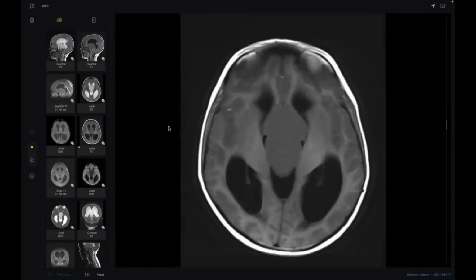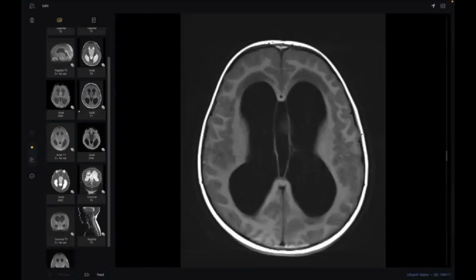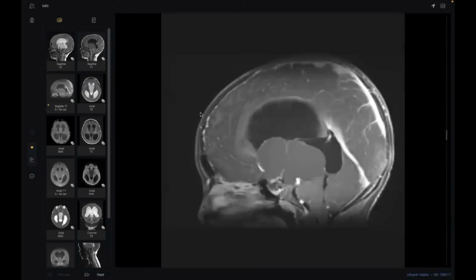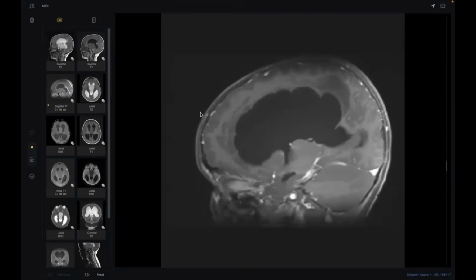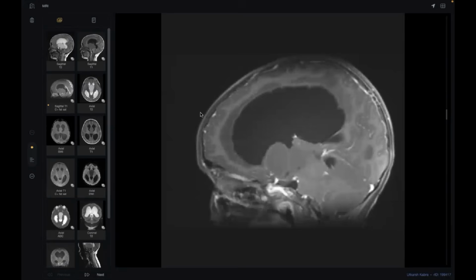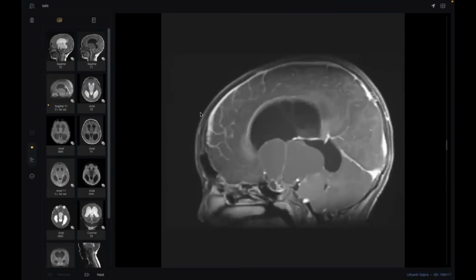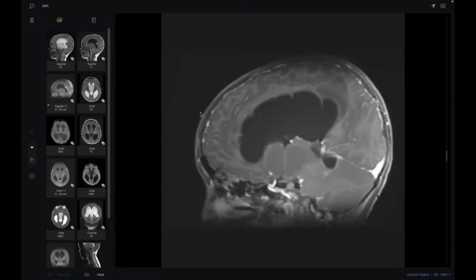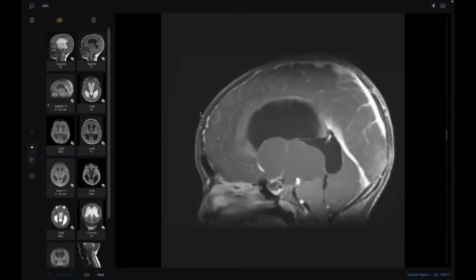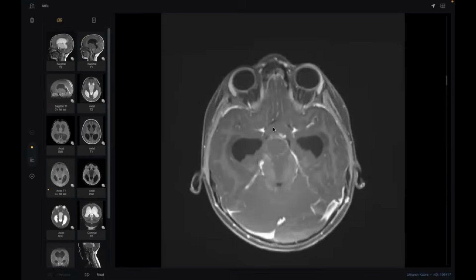In my routine practice, I'll also check the post-contrast images. On post-contrast images, there is only enhancement of the septations with non-enhancing central areas. There is also slight enhancement of the infundibulum, but I cannot find any enhancement in the sellar region.